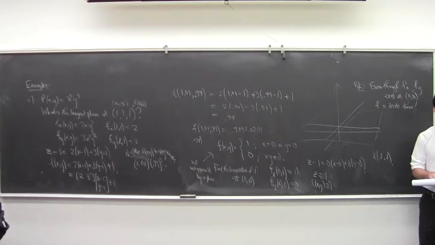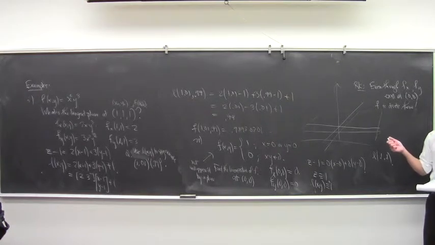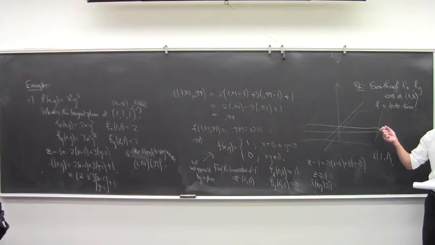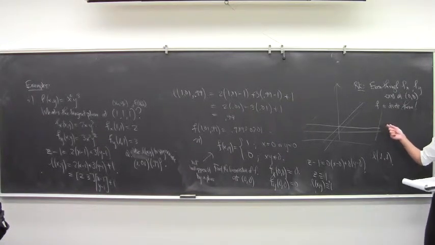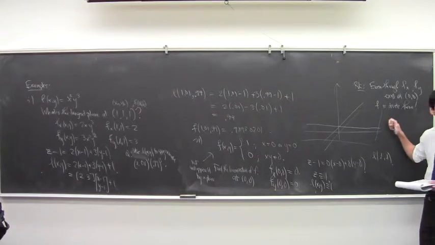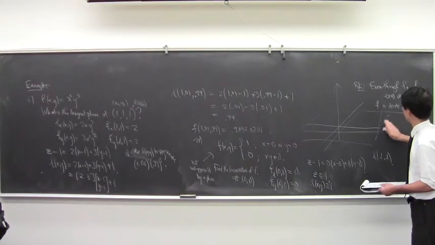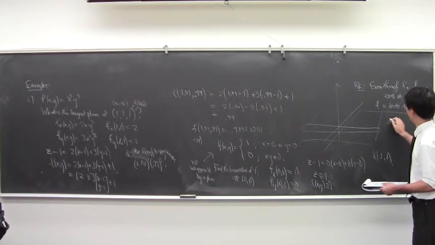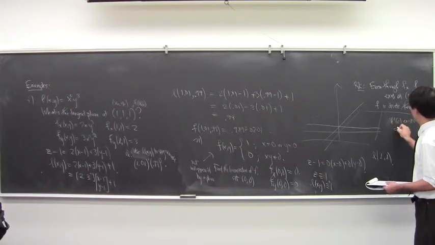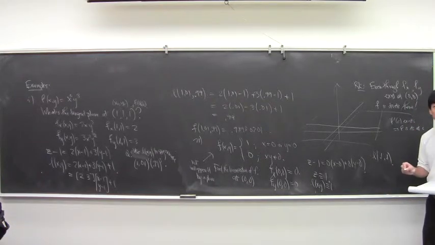That's very different from the one-dimensional case. In the one-dimensional case, as long as your derivative exists, then you're continuous there, right? You've seen this thing, the continuity: if the derivative f prime of c exists, then f is continuous at c, right?